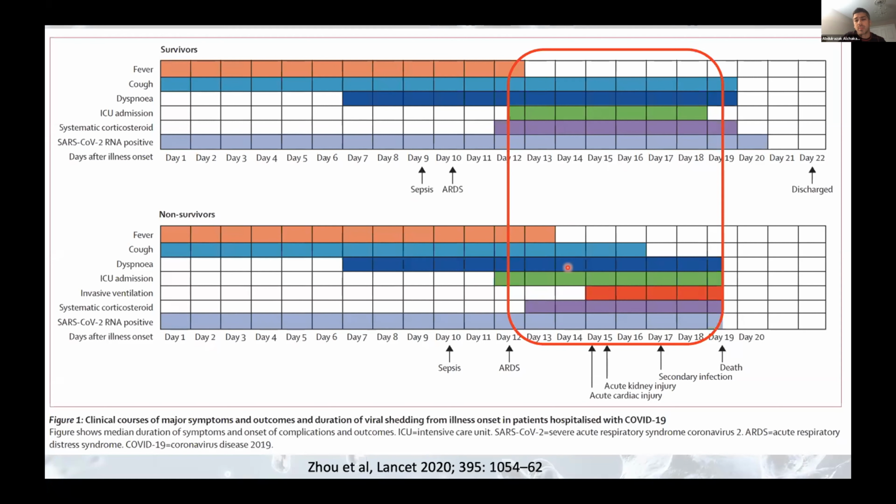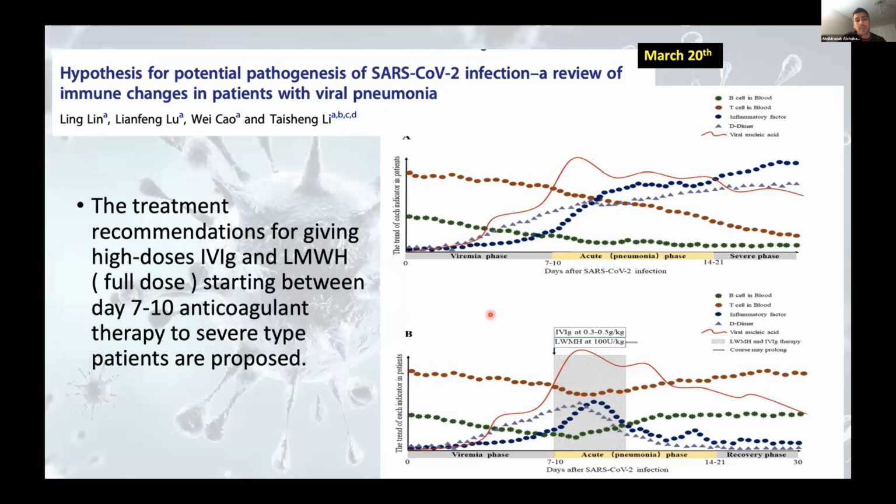The question comes: since we're doing anticoagulation during that part of the course and it's not working, is there a role for early intervention in the previous few days before they get critically ill? That's a big question. I looked at this study by Langland, released in March as well. They put forward a hypothesis of COVID-19 pathogenesis.